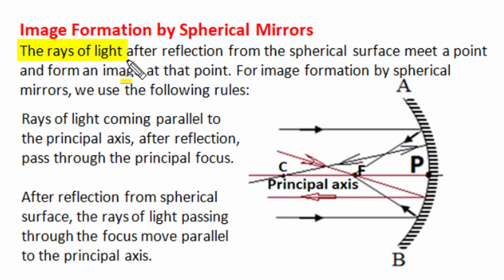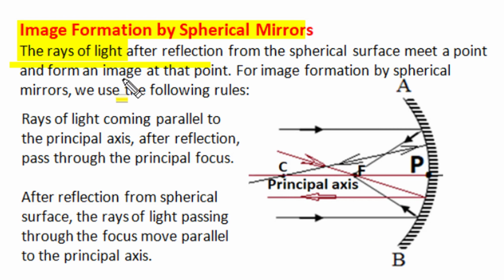The rays of light from an object, after reflecting from the spherical surface, meet at a point and form an image of that object. For image formation by spherical mirrors we have to use certain rules, and there are 4 following rules.